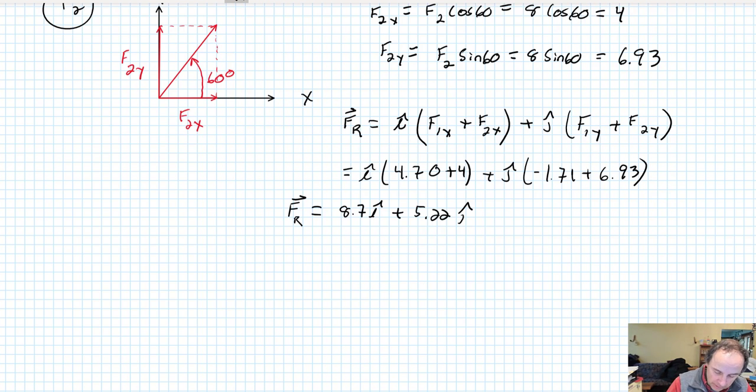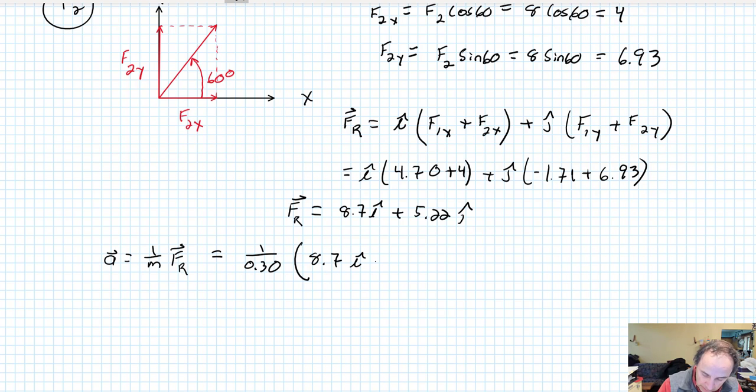Now to go back to acceleration, it's going to be 1 over m times the force. So that's 1 over 0.30 times the resultant force, 8.7 i plus 5.22 j.